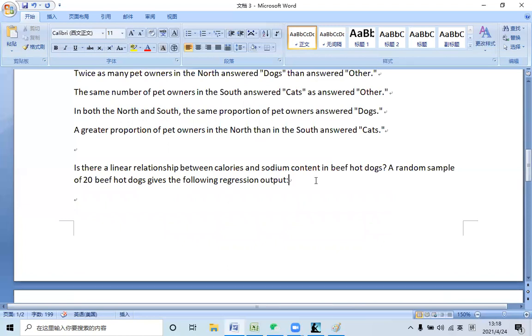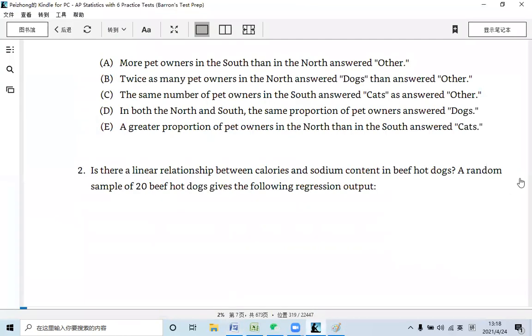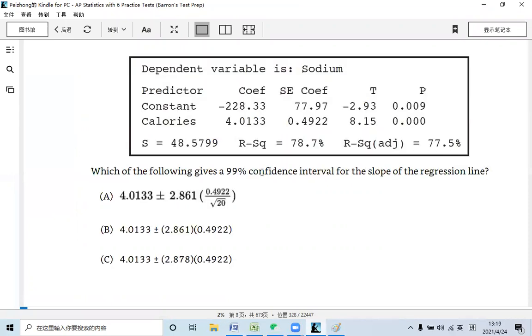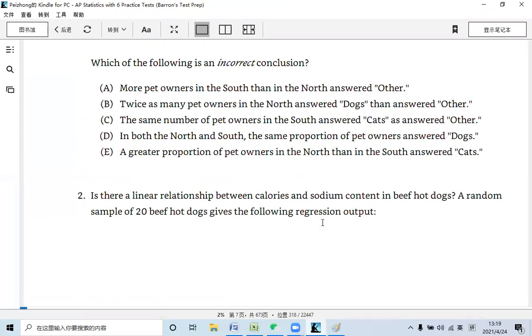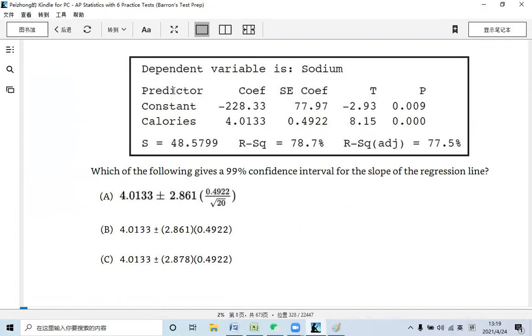So you have 20 hot dogs. That's your sample. And you have two variables: calories, that's one variable, and sodium. So that is the output.